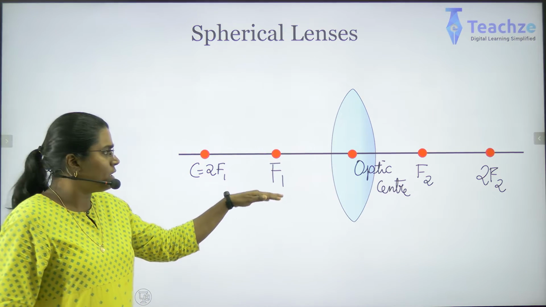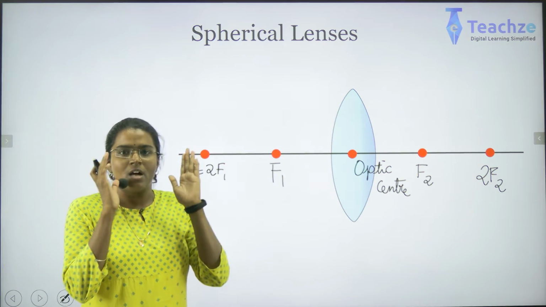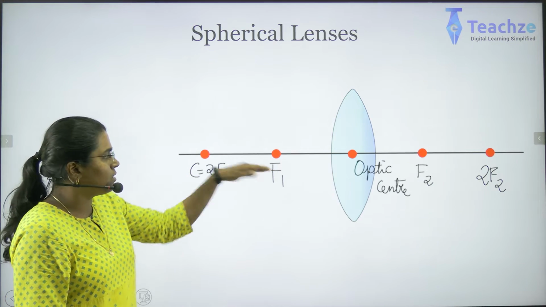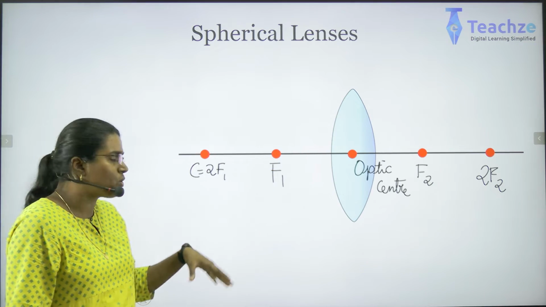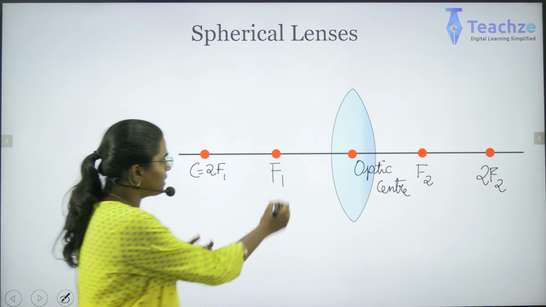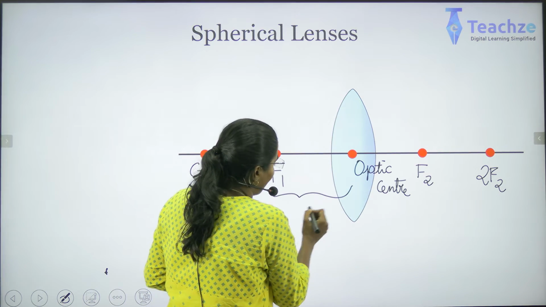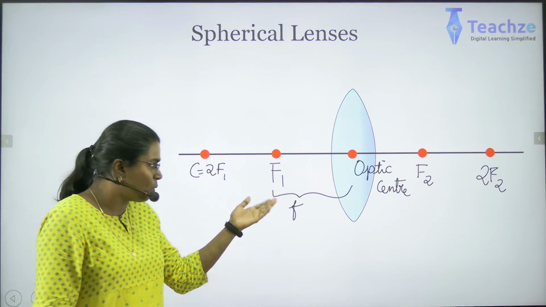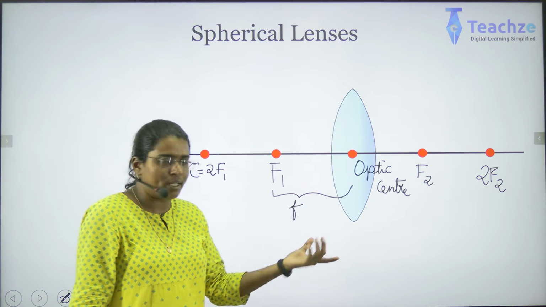The principal focus is the point where all the rays converge, and the distance between the optic center and the focus will be F, the focal length.